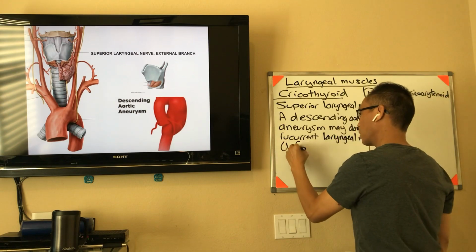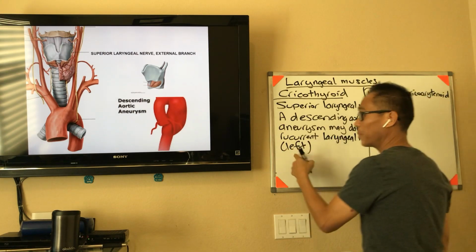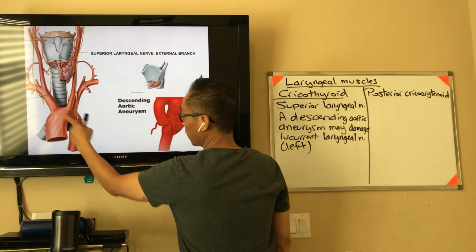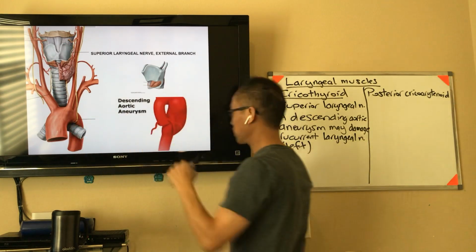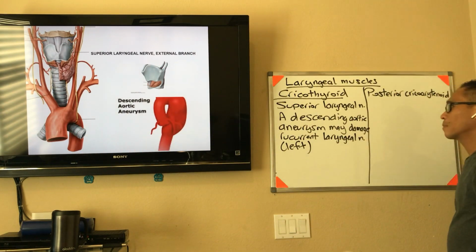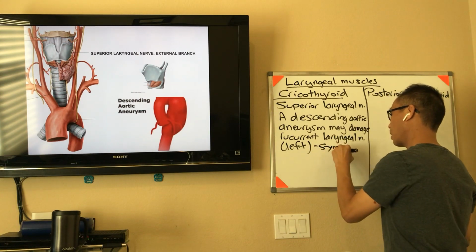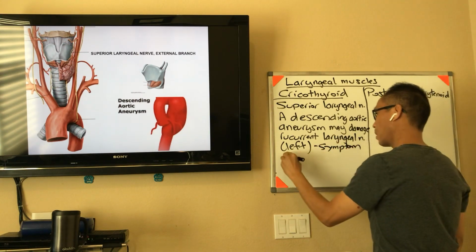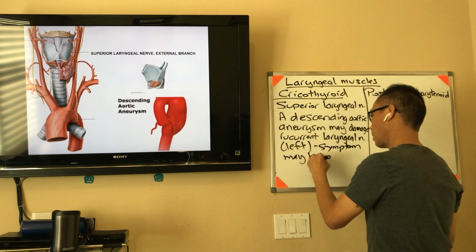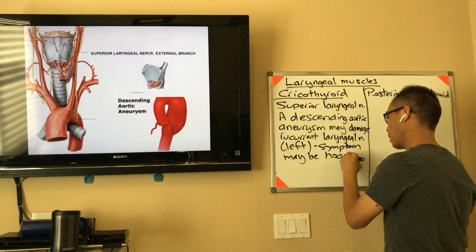The left one, because this one is on the left side. The right one doesn't loop under it. Only the left one does. So the symptom may be a hoarse voice.